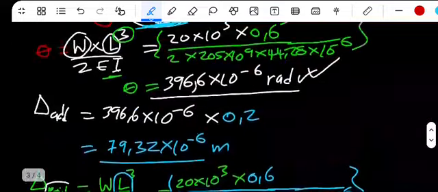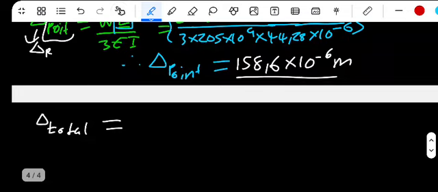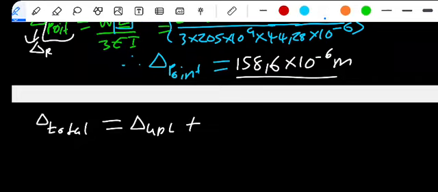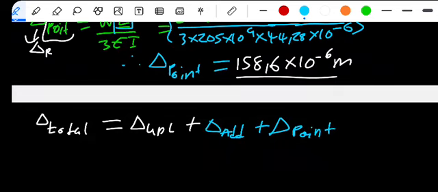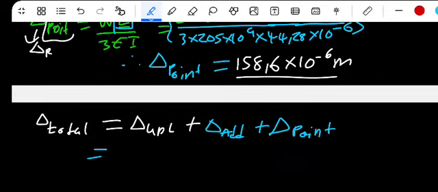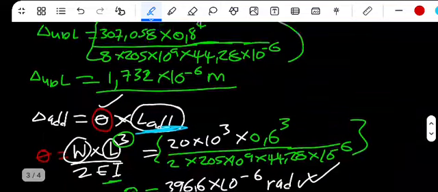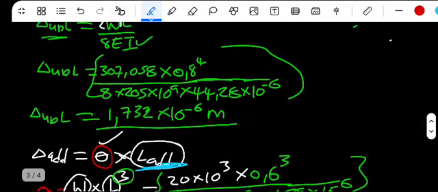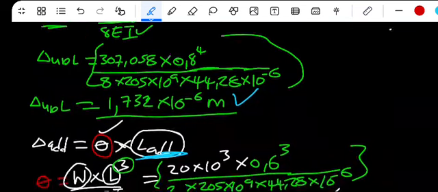We know we have the deflection of the UDL plus the deflection of the additional plus the one of the point load. Let's just add. The UDL one is 1.732 times 10 to the power of minus 6.